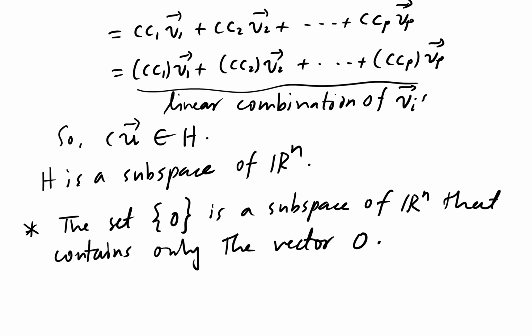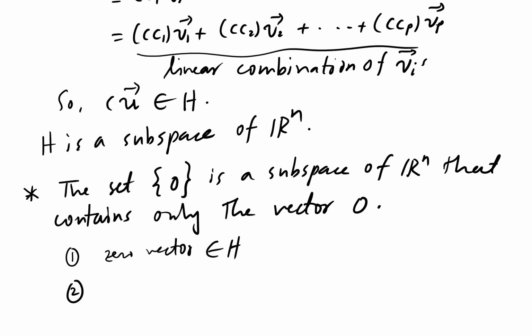And it's very easy to prove it's a subspace. If you want to prove it, we have the zero vector, which is already in the set. It's the zero vector in itself.